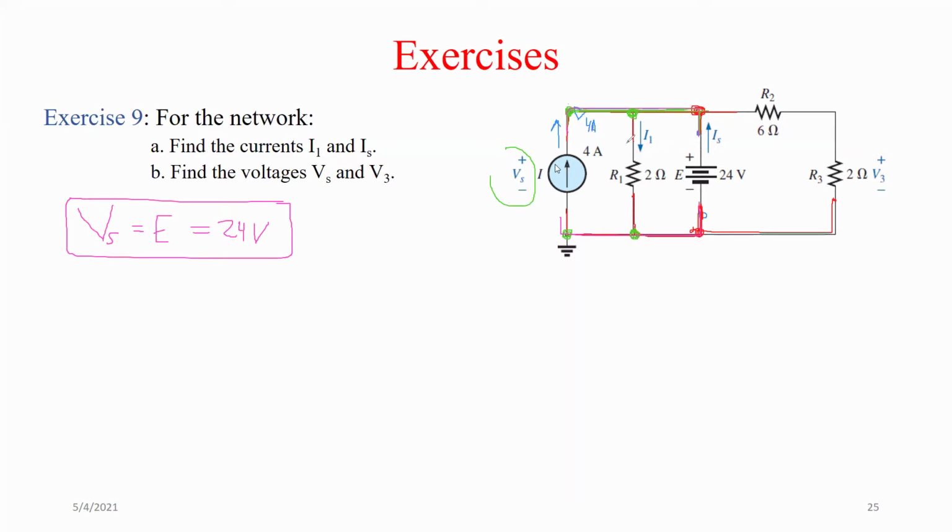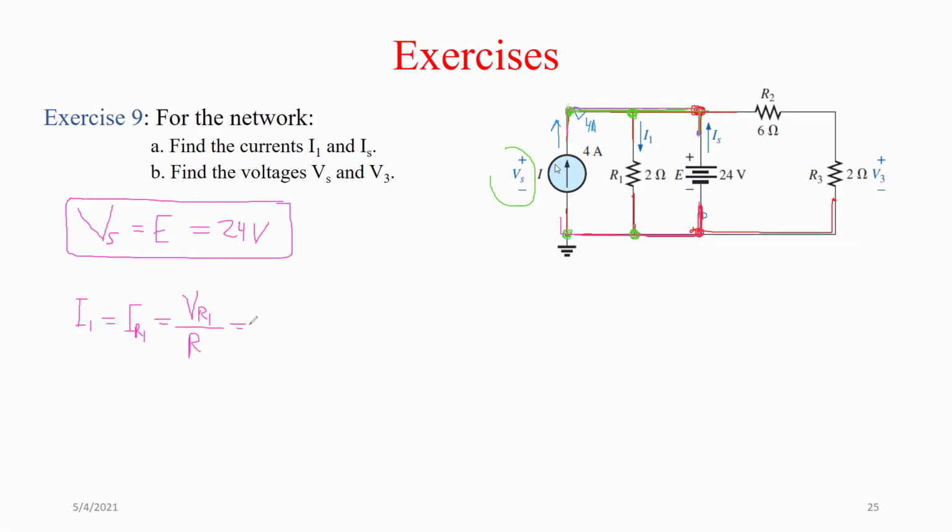Now if I want the current, the voltage across R1, I know it. So the current I1 is the current going in the resistor R1, which according to Ohm's law is the voltage across this resistor divided by its resistance.